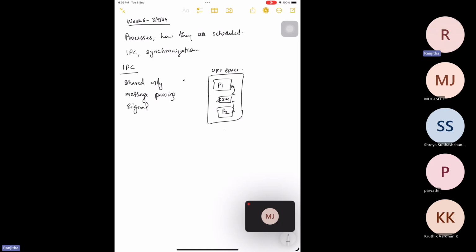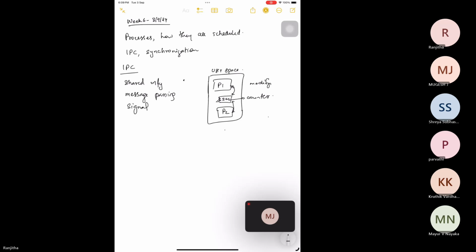For example, this particular process is collecting some information and updating some counter here, and P2 is reading that counter, and based on that some action is being done. So this counter value in the shared memory, P1 will be modifying and P2 will be reading.